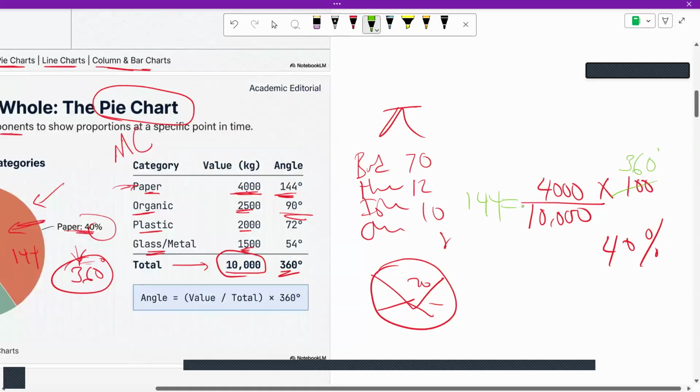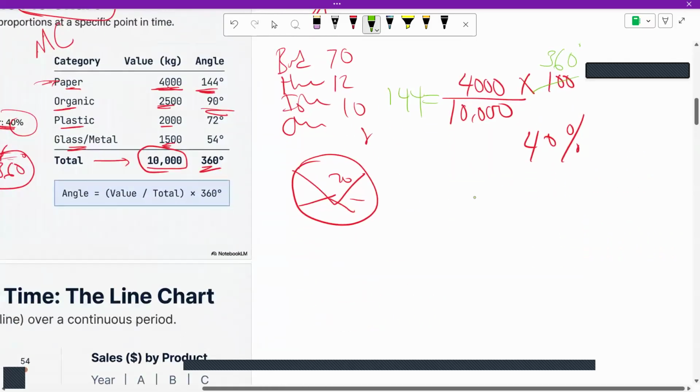Then take the instrument and mark a point, and decide the radius. So the starting point is here, and you take 144 degrees, and then draw the next line with the same radius. This is 144.